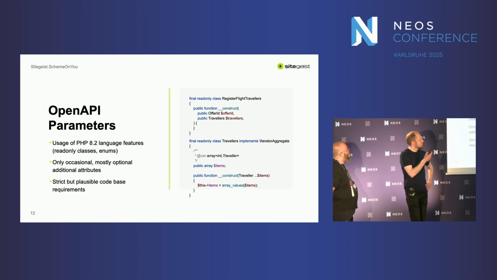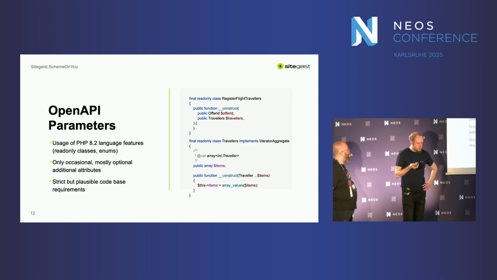So you have that command with the offer ID that is to be used in the context, the travelers to be registered. You can have collections, given they have a variadic argument in the constructor, like this three-dot thingy, so you can add an arbitrary amount of travelers to that collection, and it has to have an items property. So if it looks like that, we're all set.